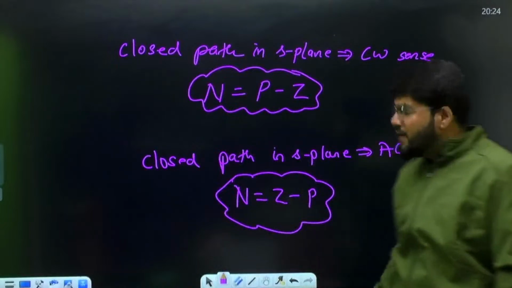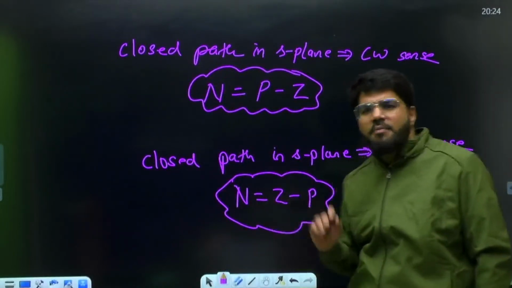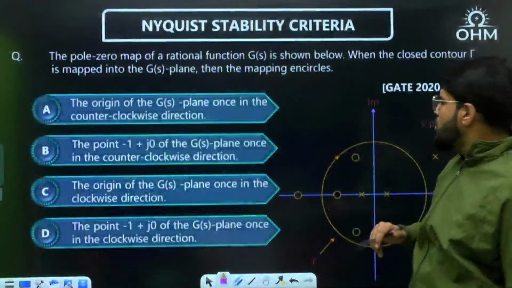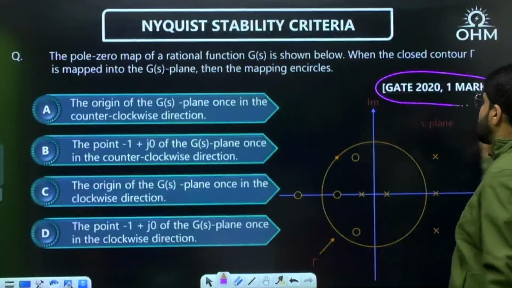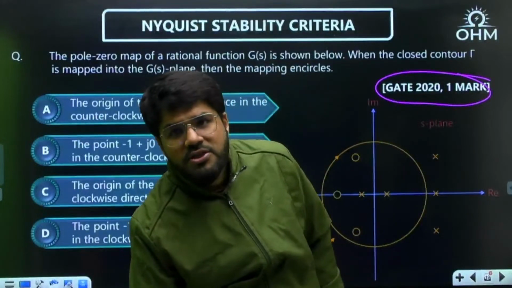Now, sometimes not only on stability, there can be a question only on this particular concept. See this GATE 2-mark question. Read this question. Okay, just read this question.